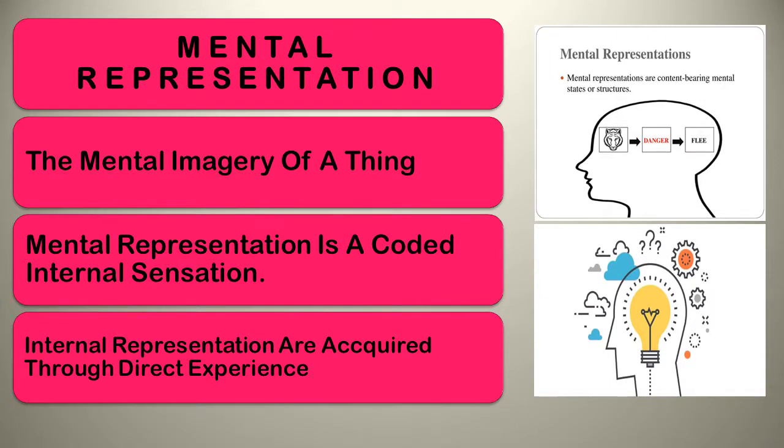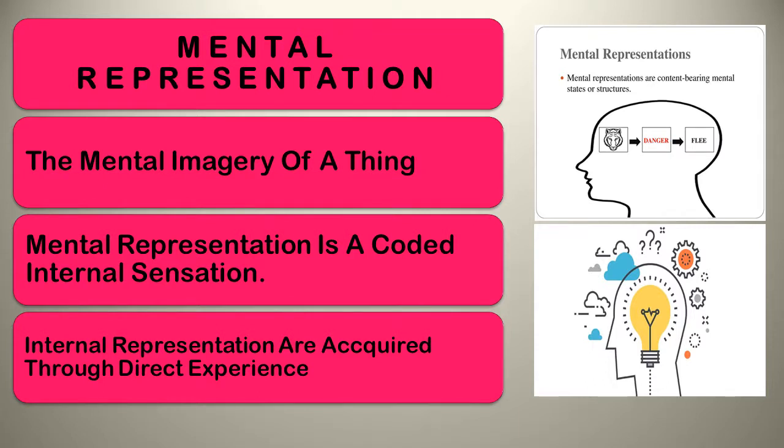Coming to the first core element of thinking, that is mental representation. Mental representation is the mental image of a thing that is not currently physically available to the senses. Mental representation is a coded internal sensation.